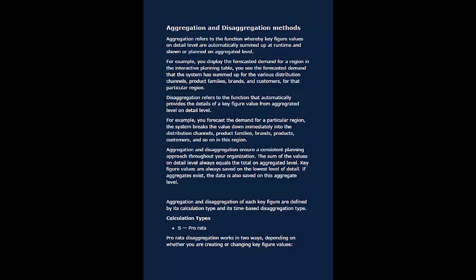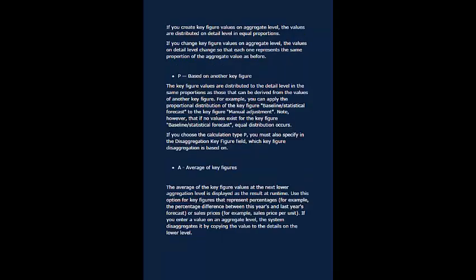Pro rata declaration works in two ways depending on whether you are creating or changing key values. If you create key values on aggregation level, the values are distributed on detail level in equal proportion. If you change key values on aggregate level, the values on detail level change so that each one represents the same proportion of the aggregate level as before.